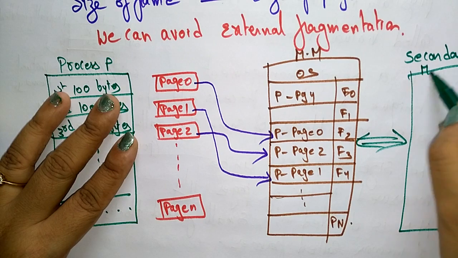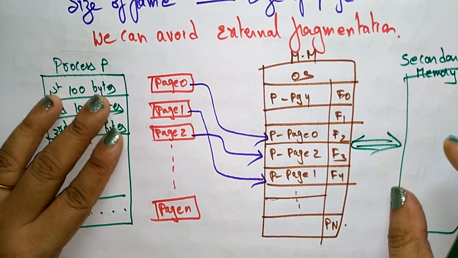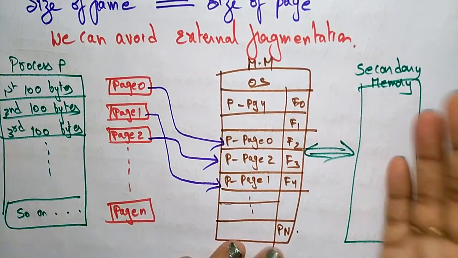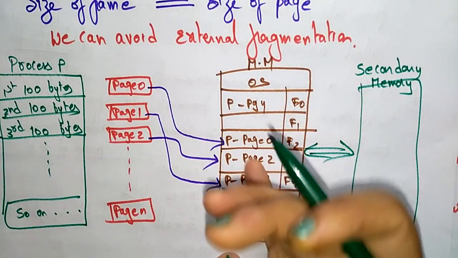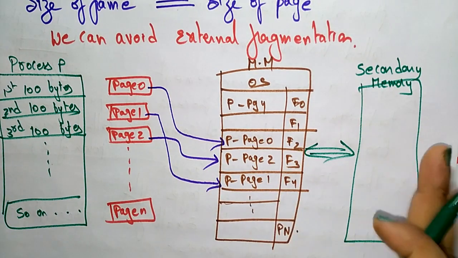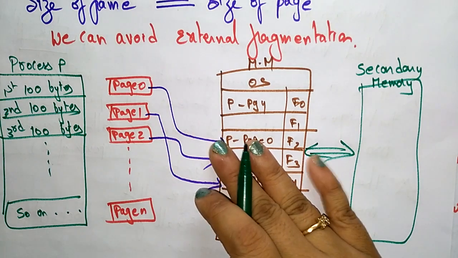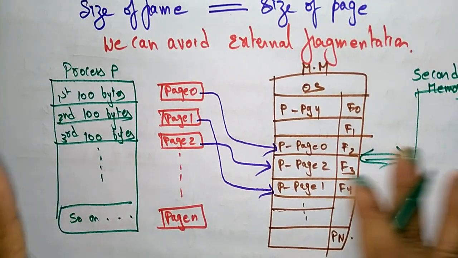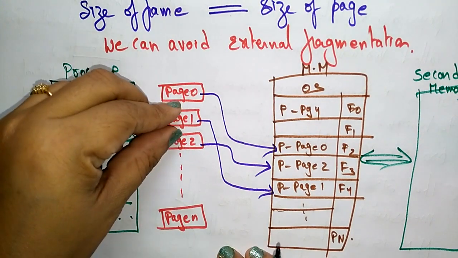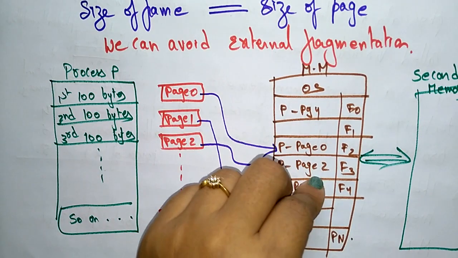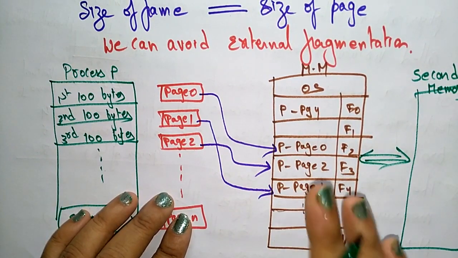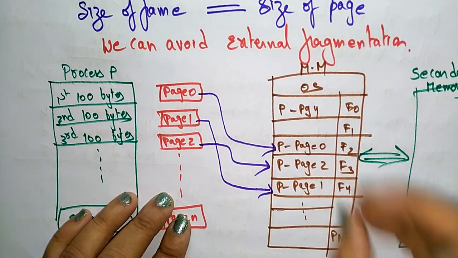This is a secondary memory, which holds the data which is not used frequently, just like a disk. Whenever the process is over, you can swap back to main memory. So this is how the paging concept works. First the process is divided into pages, and the pages are stored in main memory as frames, and we access these frames.